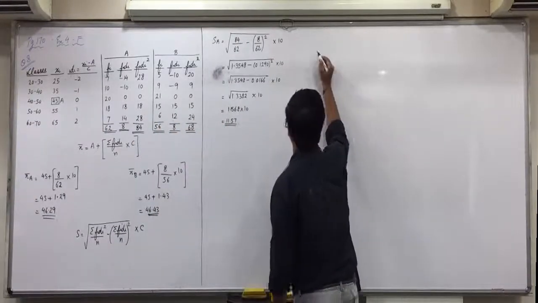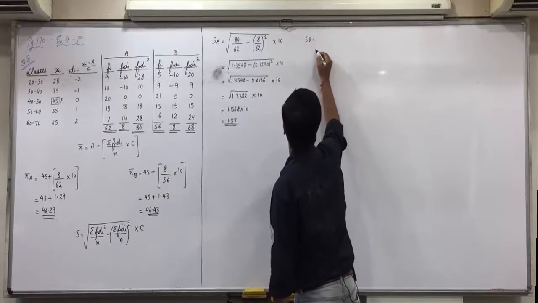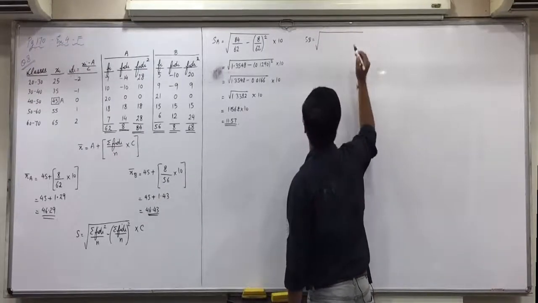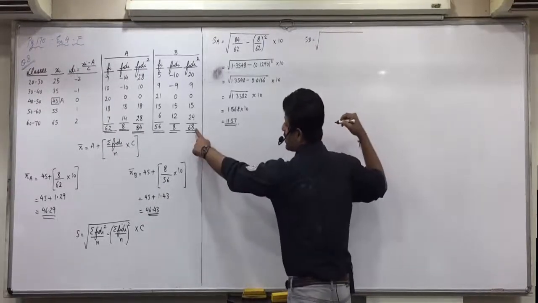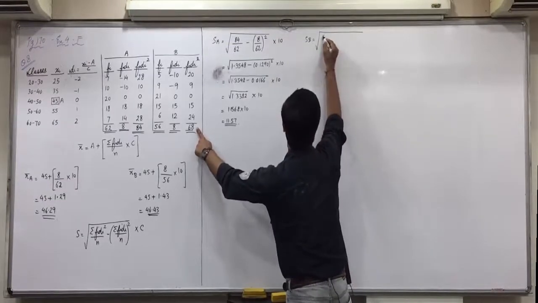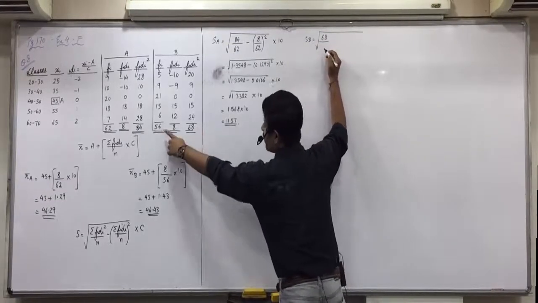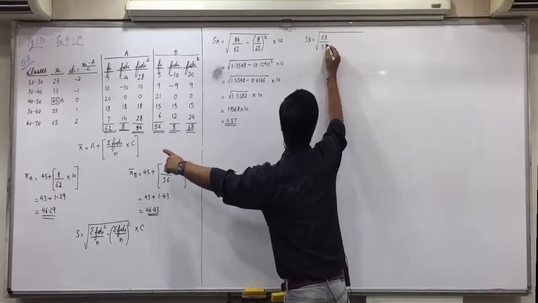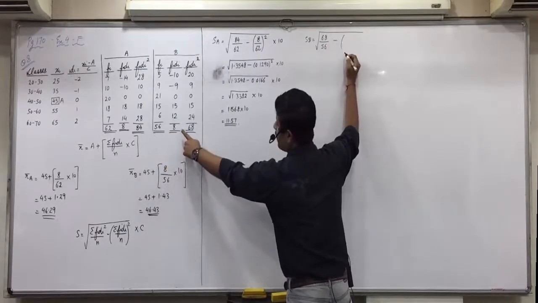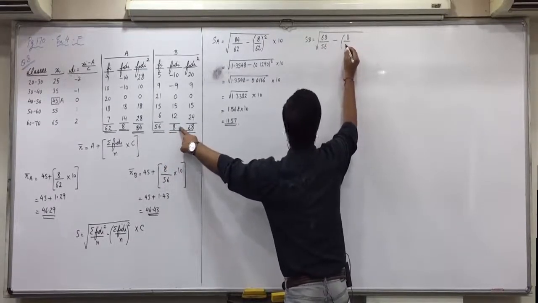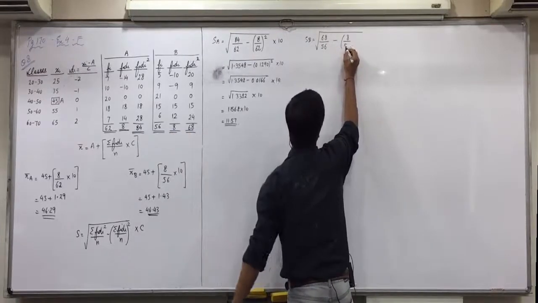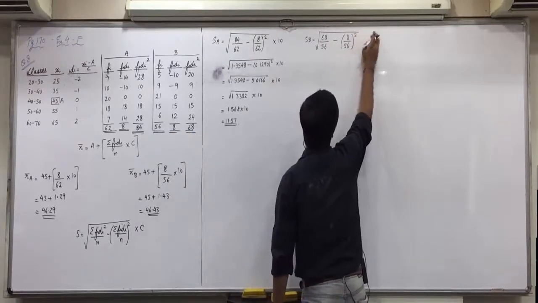So standard deviation of B in the same manner equals square root of. Now what is sigma FiDi square for B? 68 upon N of B, total of Fi, 56, minus sigma FiDi is 8 upon N is again 56, whole square into 10.